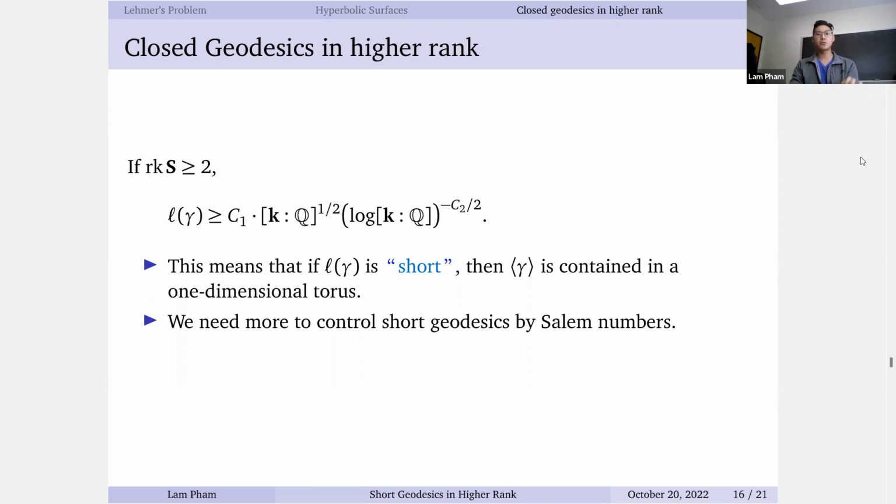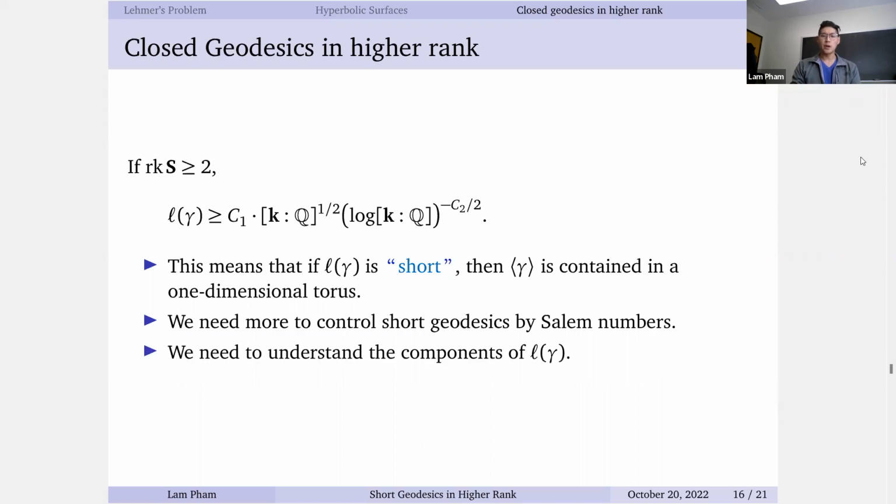Precisely, if your group G is semi-simple, and you know that if the rank of the torus is greater than 2, then you're going to have a very large lower bound. But in higher rank, you can have a lot of different ways that you have one-dimensional tori. You don't know necessarily that these are Salem numbers. And actually, there's nothing to suggest that they are necessarily Salem numbers.